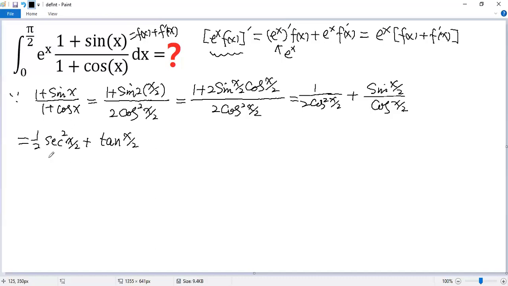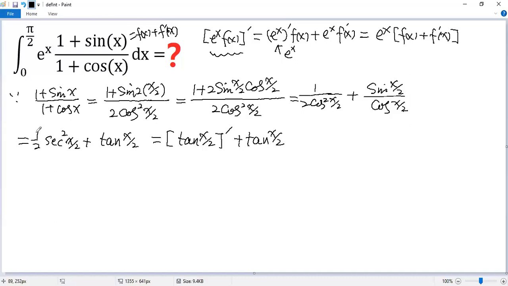Oh, the first term is actually the derivative of the second term. So we get tan half x prime plus tan half x.